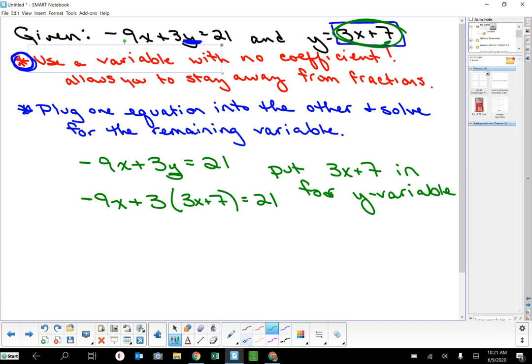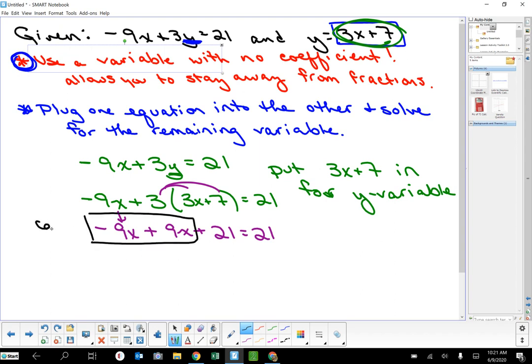Now, what you're going to see happens here is when I distribute, I'm going to bring down this negative 9x. I'm going to distribute, and I'm going to get 9x plus 21. Well, what happens to the negative 9x and the positive 9x is these will cancel out, leaving me 21 equals 21.